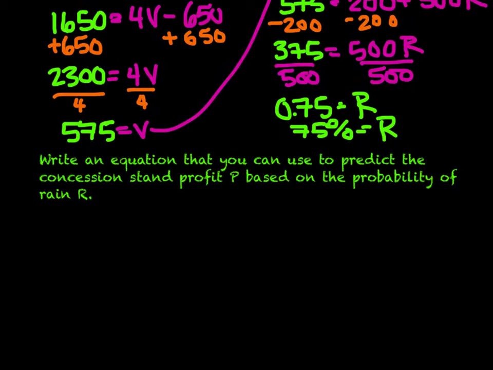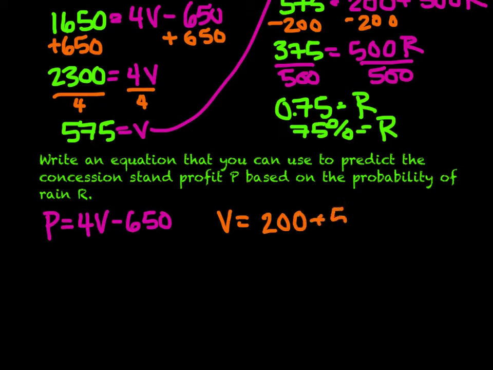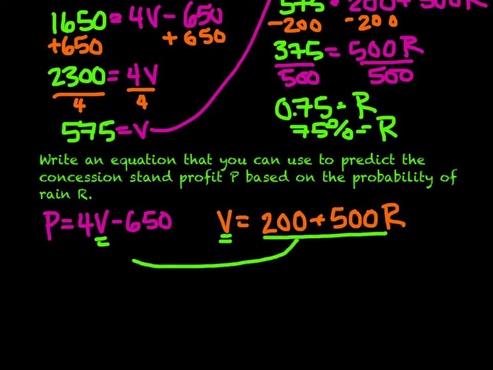Our profit equation was P is equal to 4 times the visitors minus 650, and the number of visitors is related to 200 plus 500 times R. What I see here is I have a V in this equation and a V in this equation. That's our linked up factor. That means I can put whatever V is equal to into our initial equation for profit.